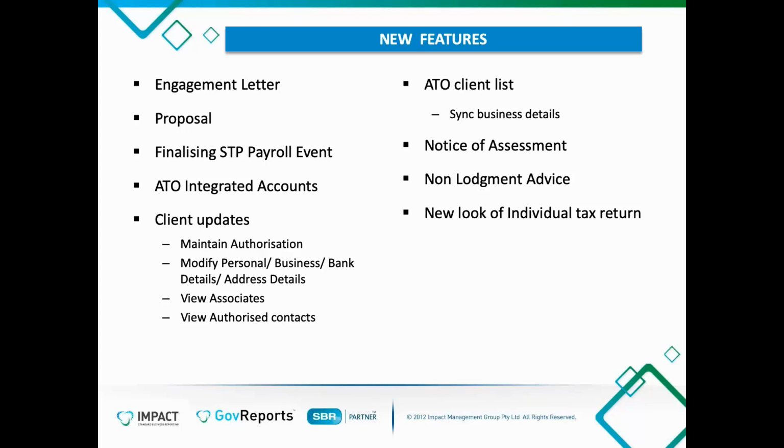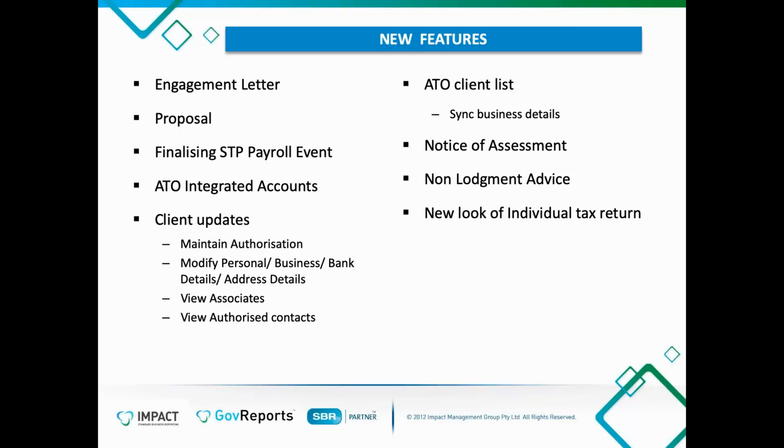Looking at the ATO Integrated Accounts, and how you can update your clients with GovReports, but also into the ATO. Having a look at syncing business information with the ATO client list, looking at notice of assessment and non-lodgement, and having a look at the new individual tax returns. So they're all those new features.